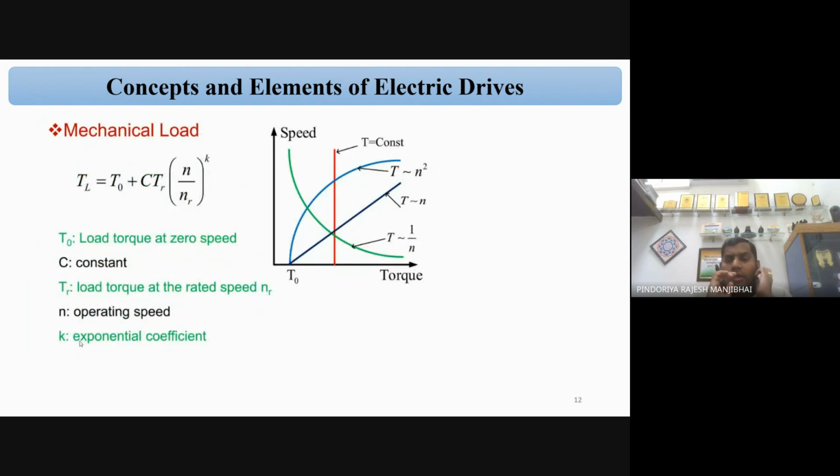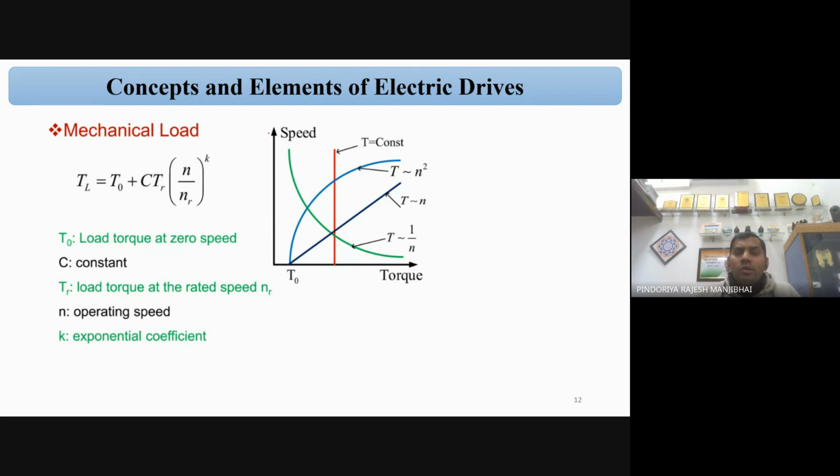Now let's talk about the mechanical load. When we consider the mechanical load, we have to consider the speed torque characteristic. Throughout the semester, we have been discussing only the speed torque characteristics of different drives, maybe the AC drives, the DC drive, or the synchronous motor.